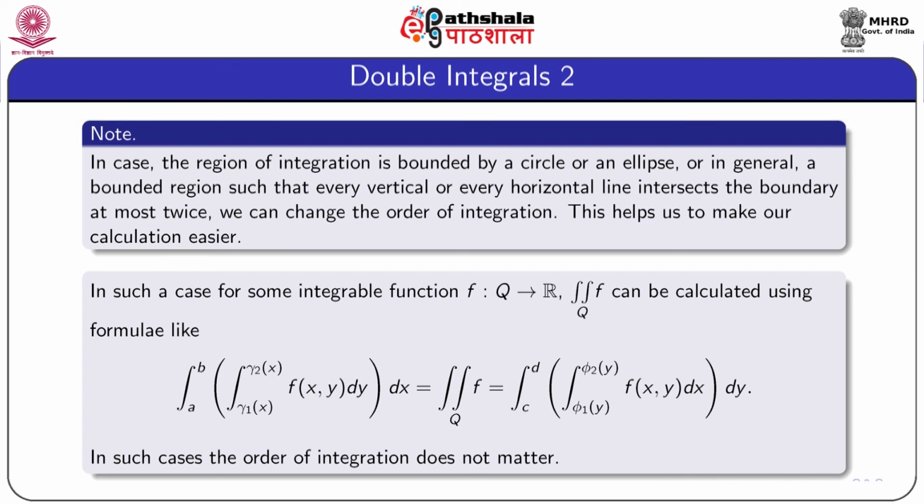In such a case, for some integrable function f from Q to R, the integral of f over Q can be calculated using formulae like the integral from a to b of the integral from gamma1(x) to gamma2(x) of f(x,y) dy dx, which equals the integral of f over Q, which is again the integral from c to d of the integral from phi1(y) to phi2(y) of f(x,y) dx dy. In such cases, the order of integration does not matter.